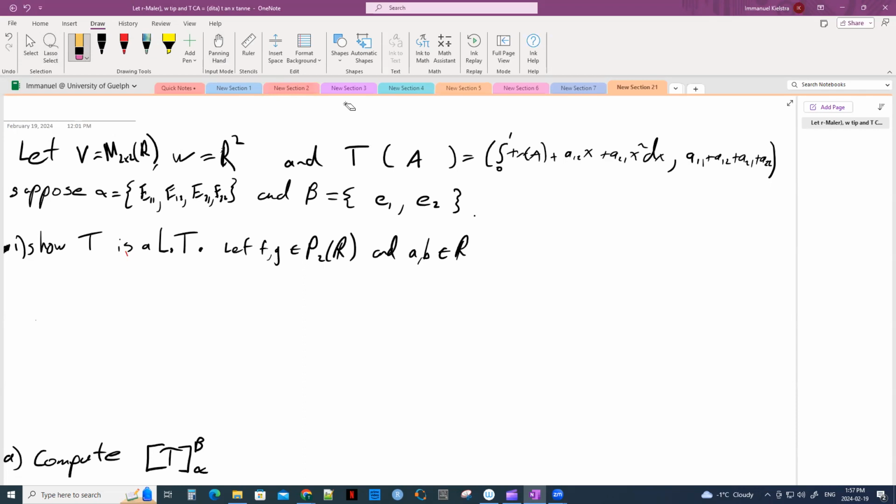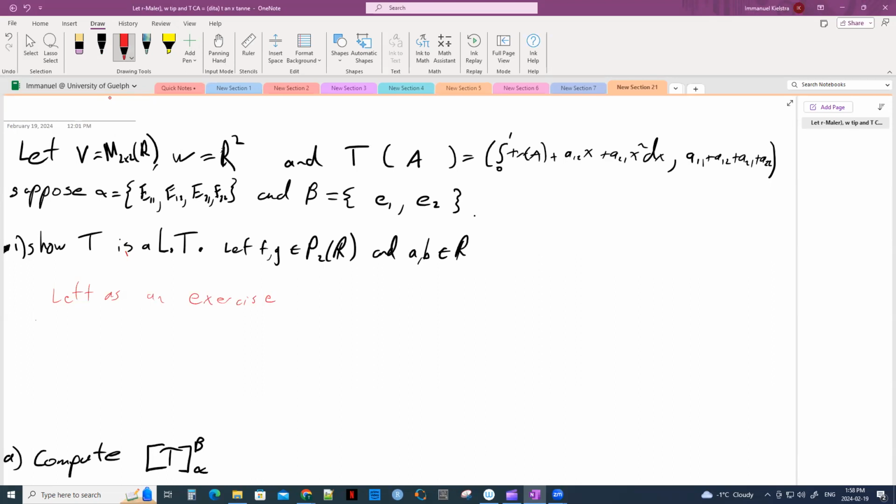Now, when we want to show that it's a linear transformation, this is going to be left as an exercise, to see, can I show something really complicated does in fact form a linear transformation?